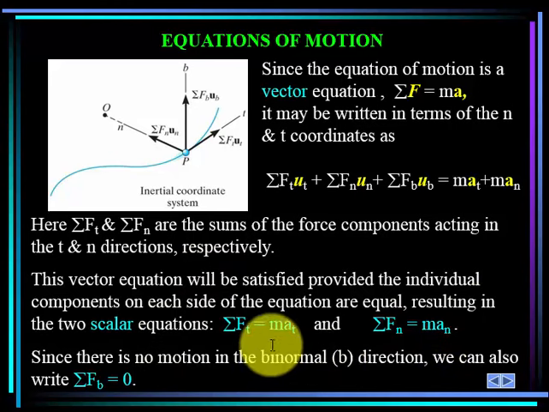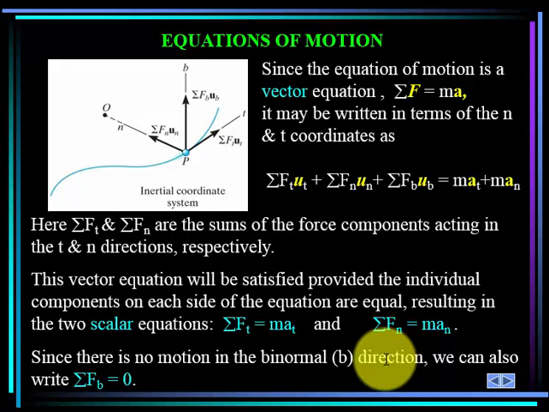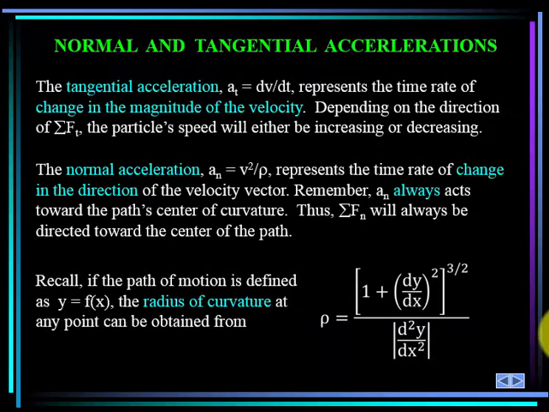Then we also have all of the kinematic skills we learned in Chapter 12 related to the normal and tangential directions, which may be required to solve interesting problems. Remembering some of that kinematics, let's first recall the tangent direction acceleration, a sub t, is the rate of change of velocity with respect to time.